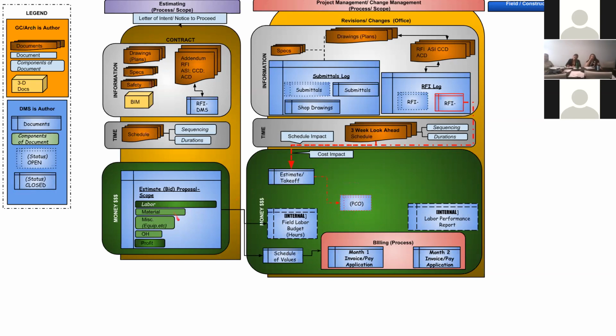Traditionally, our estimators send over a proposal, and when our proposal gets accepted into a contract, when we're dealing with change order documents, we send over a proposed change order, and they need to review it and make sure that it's clear. That proposed change order lives on a proposed PCO log.